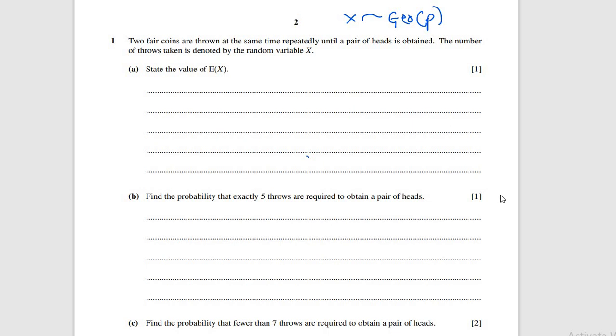The number of throws taken is denoted by variable X. State the value of E(X). Expectation of X means number of samples obtained when two fair coins are thrown.